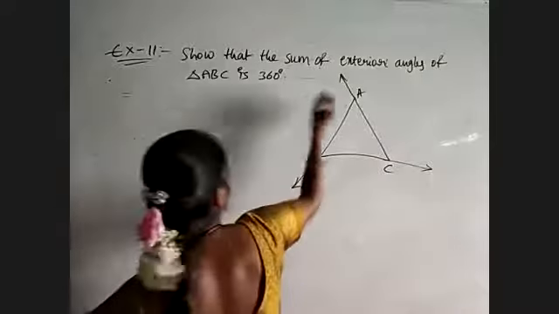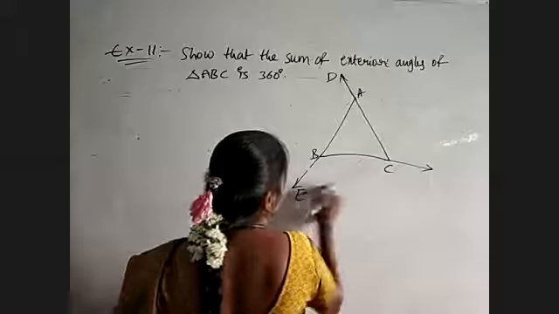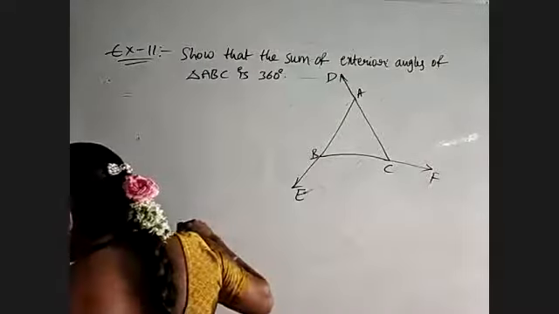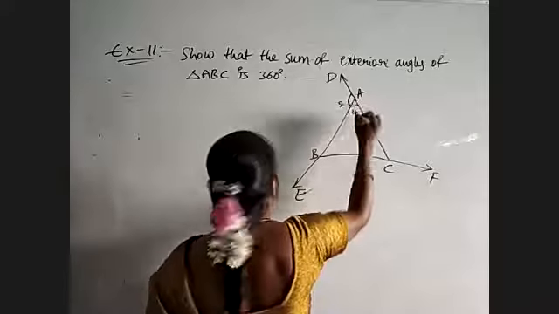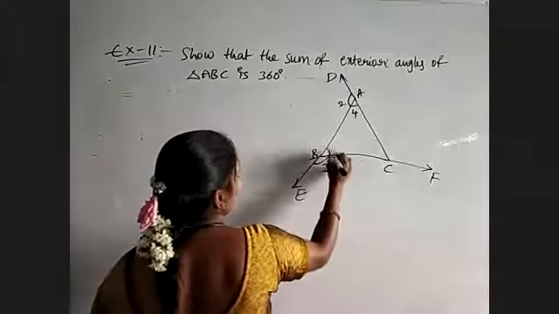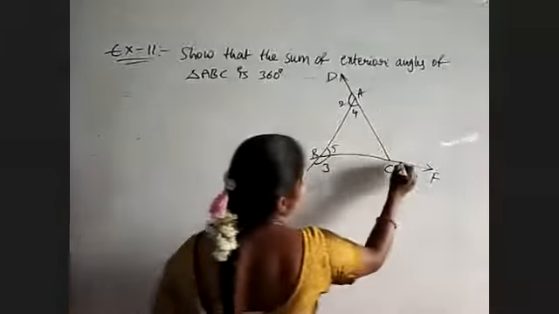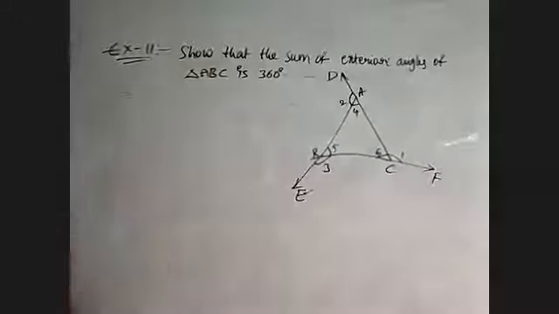And A is produced till D, B is produced till E, C to F. And then they have mentioned the angles: angle 2, here angle 4, angle 3, angle 5, and angle 1, angle 6. Observe the given question.